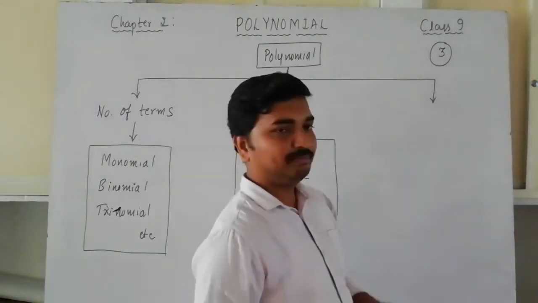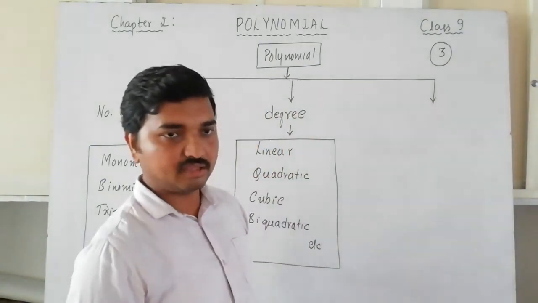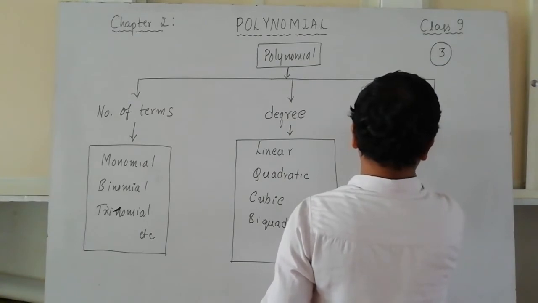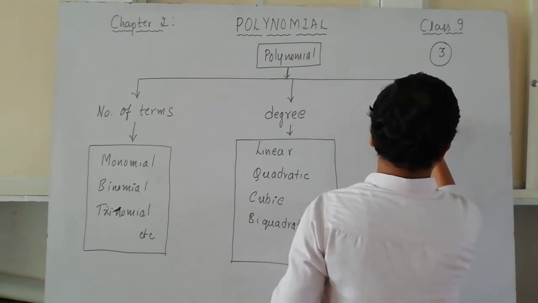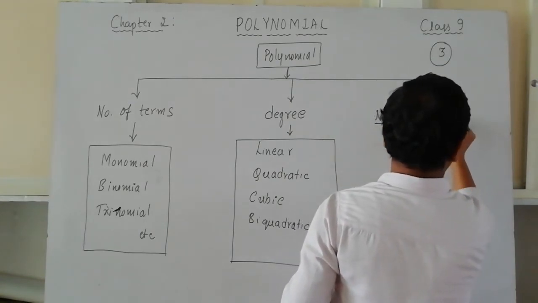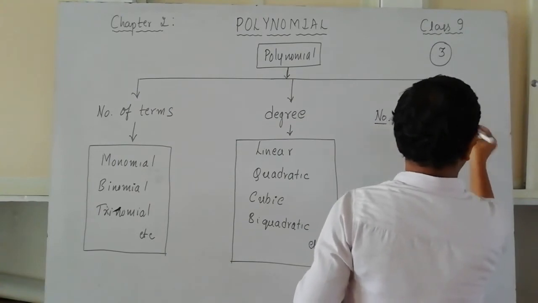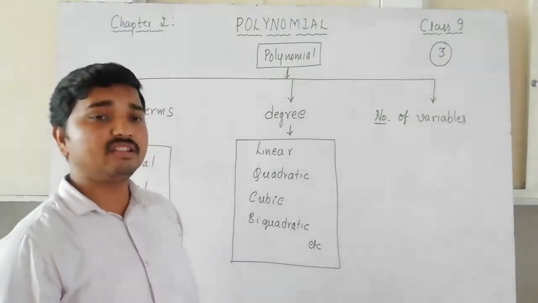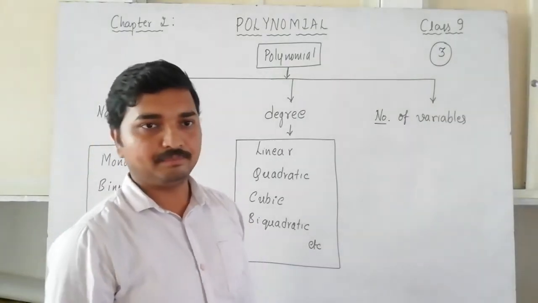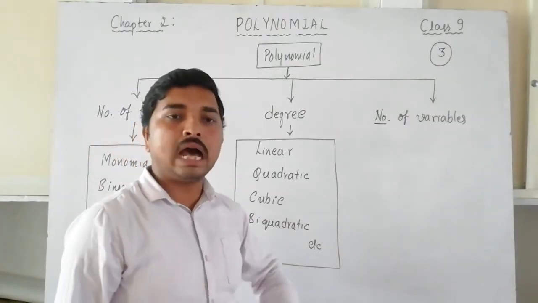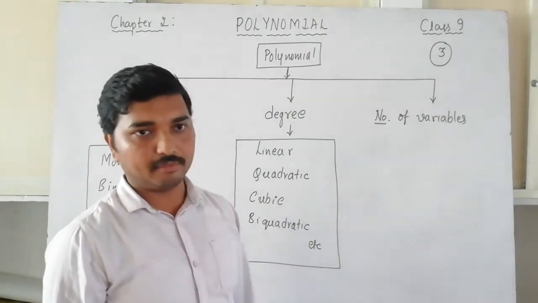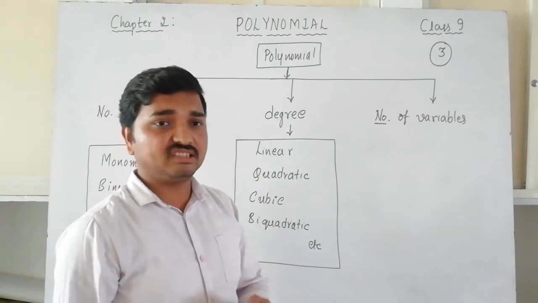After that, the third classification is actually based on the number of variables. The third one is based on the number of variables present in the polynomial. Till now you have seen polynomials which contain only one variable, but there is no restriction like that.